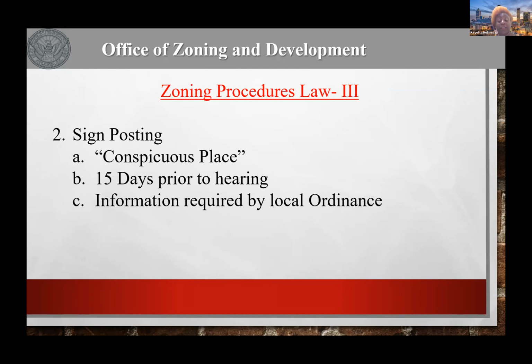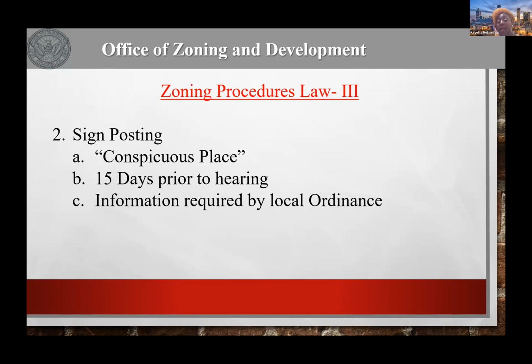The Urban Design Commission or Historic Preservation, their signs are red. The Tree Commission, their signs are yellow and white, and I believe there's an orange sign. And then for the subdivision, if there's a new subdivision being proposed, there is an orange sign also associated with that. That sign is required to be posted on the property in a conspicuous place so that people passing by can see it.